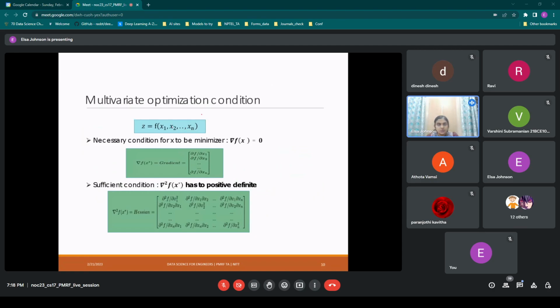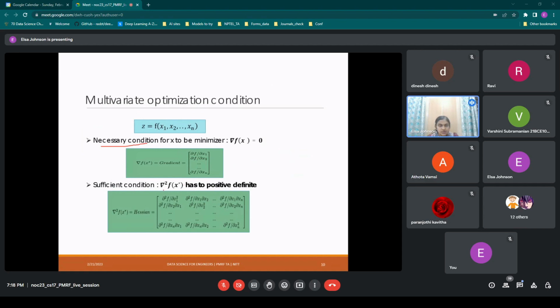So for multivariate optimization, if z equal to f of x1, x2 up to xn, the necessary condition is that the gradient, del f of x, should be equal to 0. That means dou f by dou x1, dou f by dou x2, up to dou f by dou xn has to be equal to 0, and you'll find the points where it is possible.